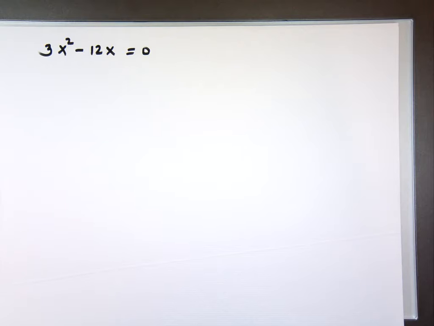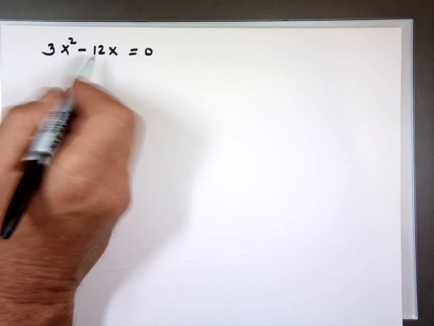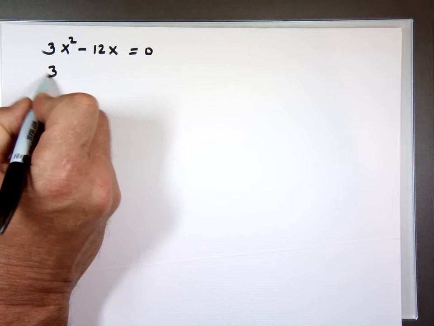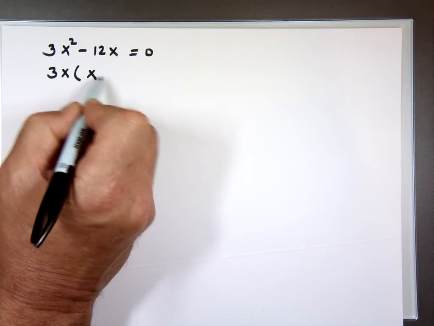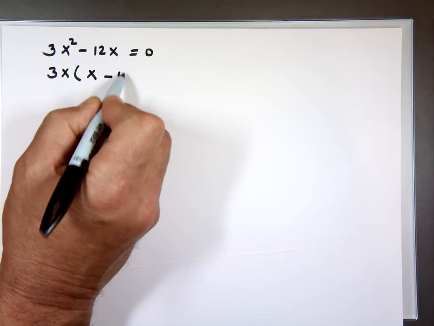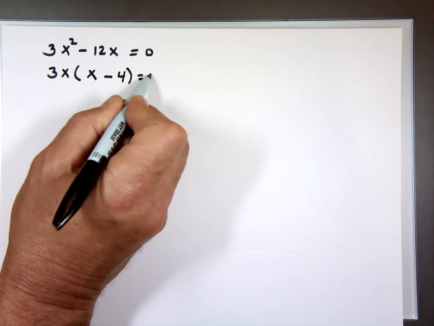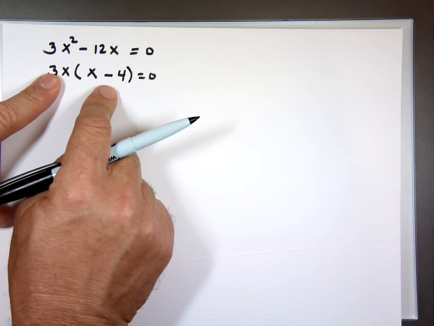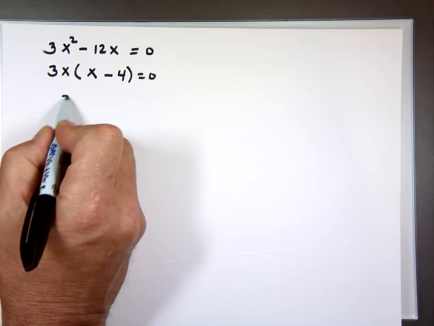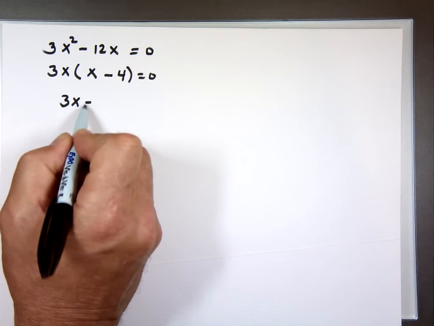Can we factor? How do you factor this? Take 3x out. What's left? X minus 4. So again, you're multiplying two factors. You're multiplying this factor times that factor. Your answer is 0. Set each of them equal to 0 and solve it.